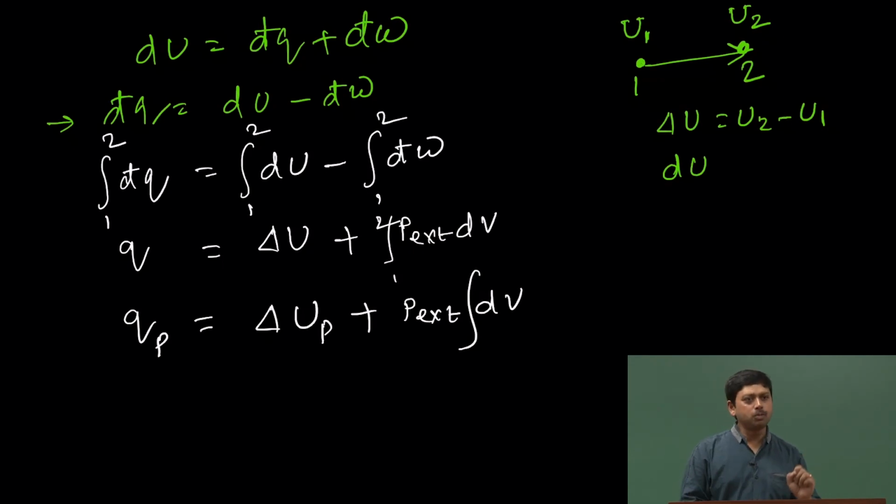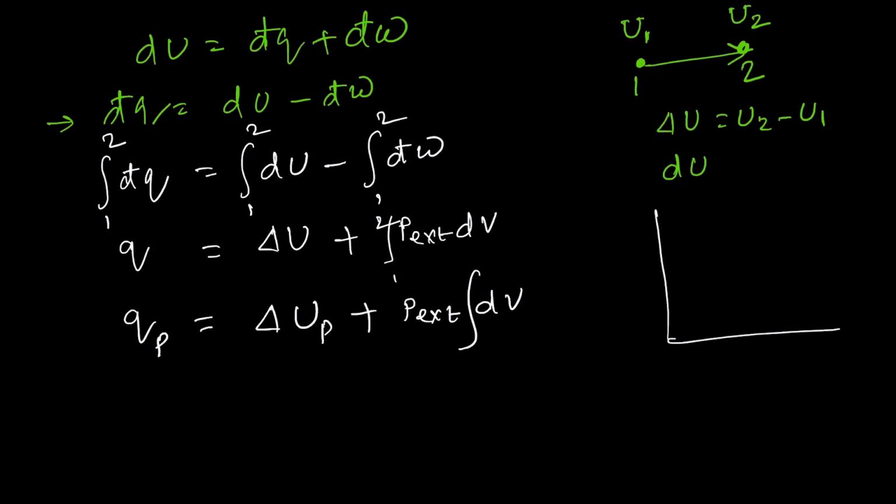You see, it is a very small difference, but the earlier one was not correct, now it is correct, because we are assuming the process is done all along at a constant pressure. For example, if you do a PV diagram, let us say this is P and V, you are going exactly that way, then it is correct. So, now integration of dV from 1 to 2 is nothing but V2 minus V1.